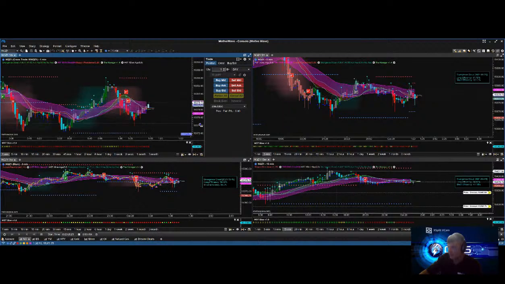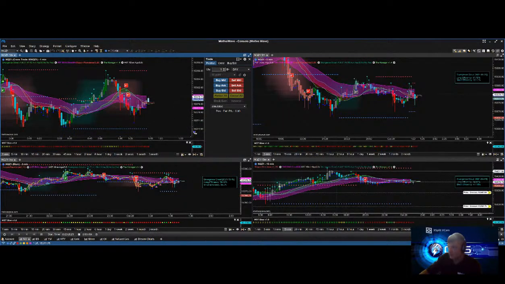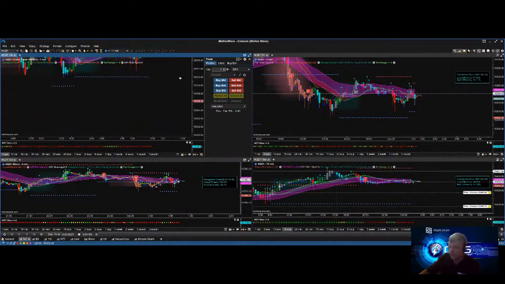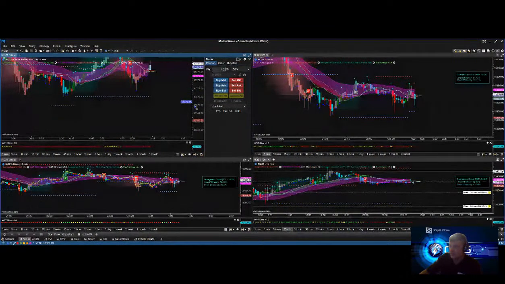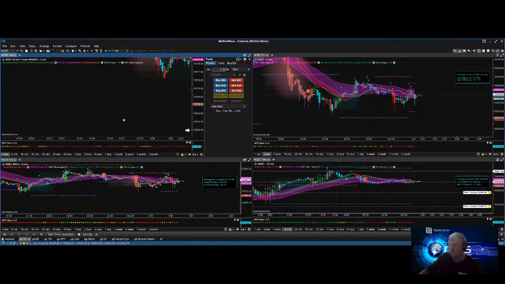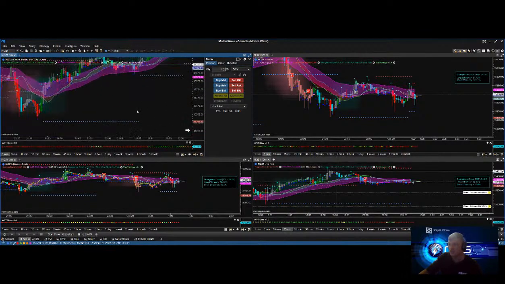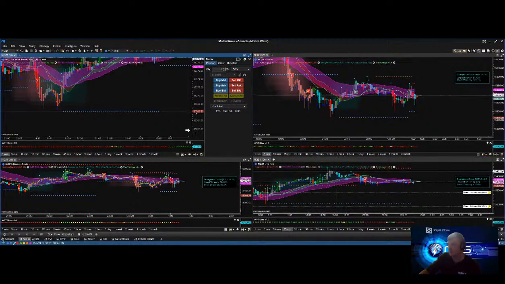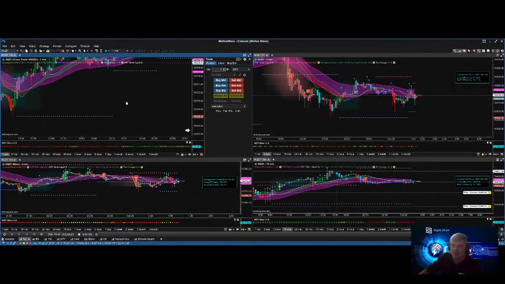We're in the cloud on the 1 minute, so I would say there is no trade. If it broke down below 371, ultimately 369.50 local would be a good short. Overnight low is 366. So watch that area right there.